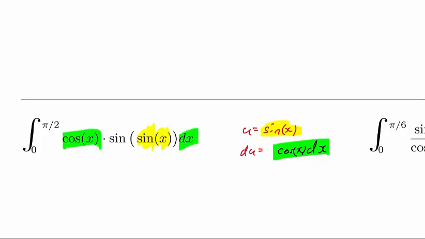So you see we have a nice exact match. And so this is going to end up being sine of u du. Note, I'm being very careful not to write the bounds in just yet.